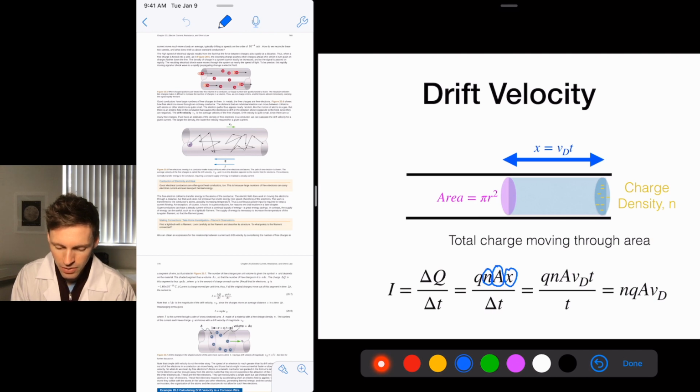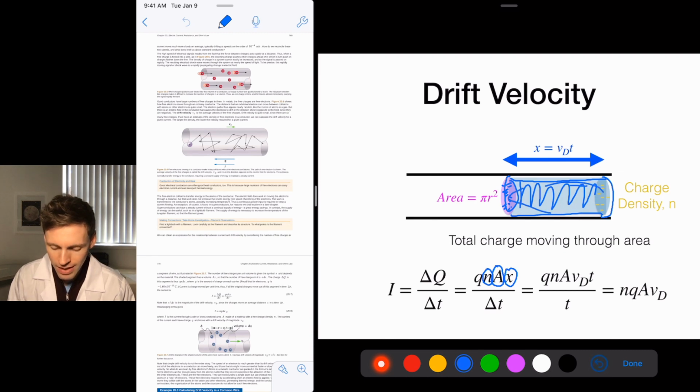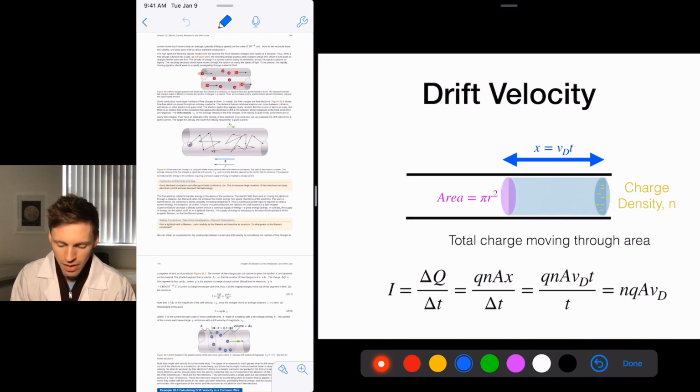Okay, what is that telling you? It's saying take the number density, multiply by this area, and then multiply that area by this distance, x, and that's going to tell you how many electrons are in that area, and then we want to say over this amount of time. So how long did it take to move this number of electrons through that area? That's what we're trying to calculate.